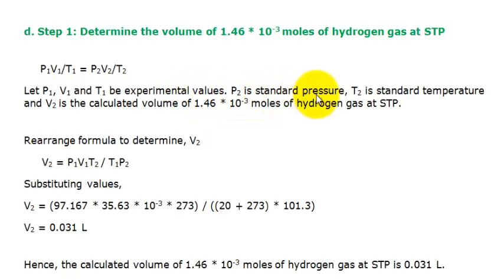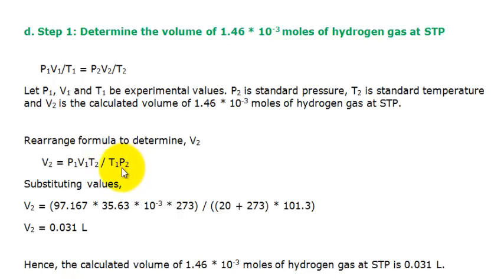P2 is the standard pressure, T2 is standard temperature, and V2 is the calculated volume of 1.46 times 10 to the power of negative 3 moles of hydrogen gas at STP. Now we need to rearrange the formula to determine V2. Therefore, V2 equals P1 V1 T2 divided by T1 times P2.